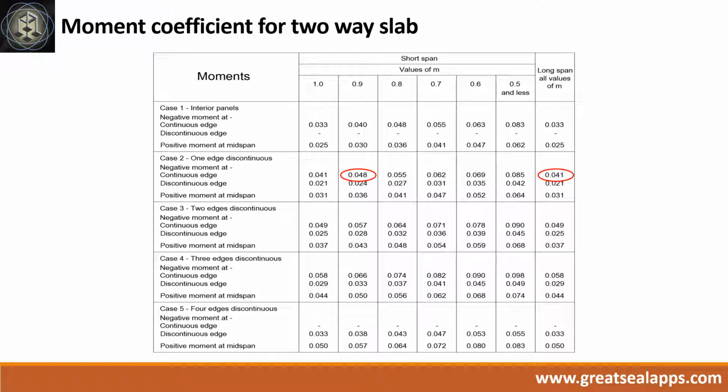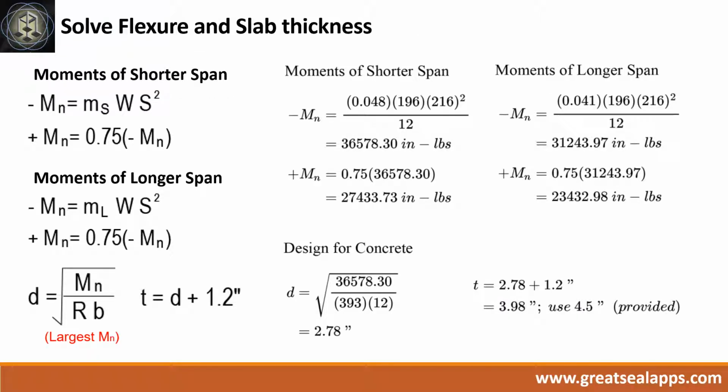Moment coefficient for short span is 0.048 and 0.041 for long span. Given W equals 196 pounds per foot, S equals 18 feet, moment coefficient at short span is 0.048 and moment coefficient at long span is 0.041.